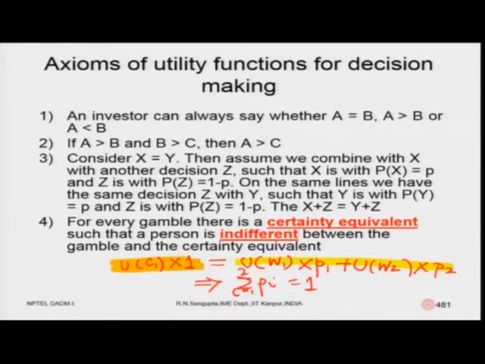So, C1 would be found by equating the utility coming from the certainty value and the utility coming from the fair gamble. A fair gamble would be the case when P1 is half and P2 is half.